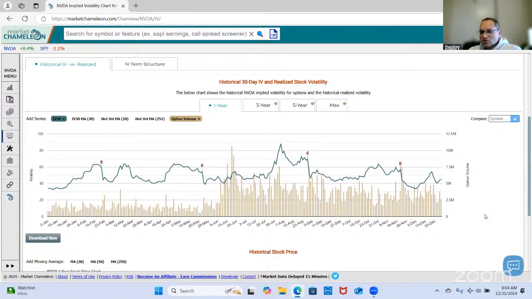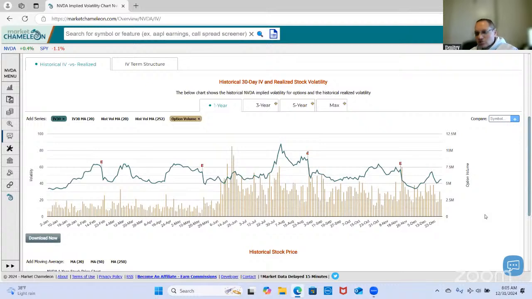So there's no such thing as Nvidia implied volatility or Apple implied volatility. It's something that we derive, we calculate using an option pricing model. So we take inputs, option prices, put it into a model, and we get this implied volatility.